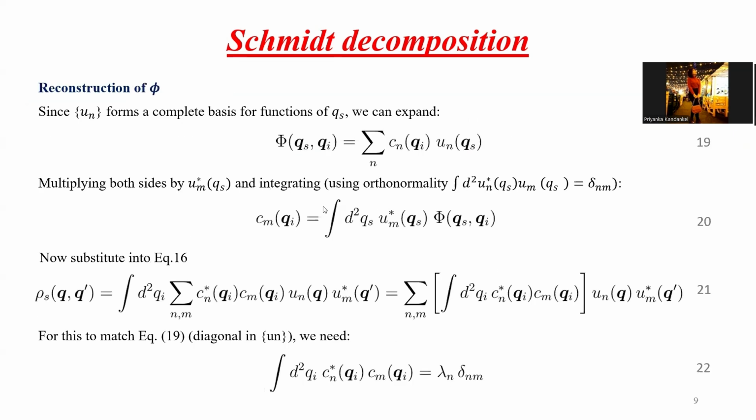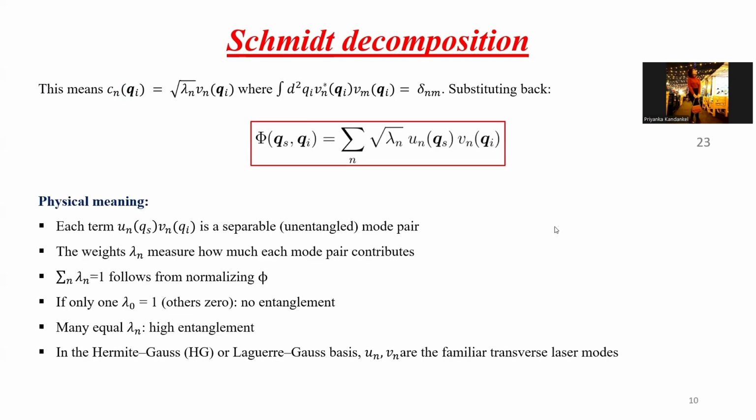So now we come to the reconstruction of the amplitude. We expand phi in the un basis. Using the orthonormality of un, we can extract the coefficient of each term. Substituting back into the signal density matrix and matching with the eigenvalue equation forces the coefficient to be the square root of lambda n times vn.